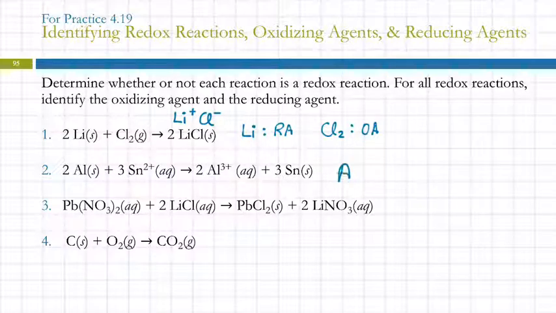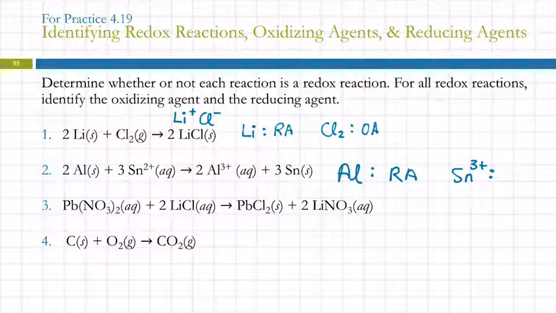So we need to identify the agents. So aluminum. Aluminum is going from 0 to +3. Is that oxidation or reduction? Oxidation. So if the aluminum is being oxidized, what kind of an agent is it? Reducing agent. The other reactant is Sn2+, going from +2 to 0.